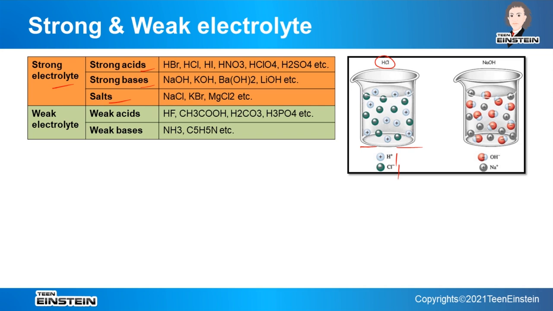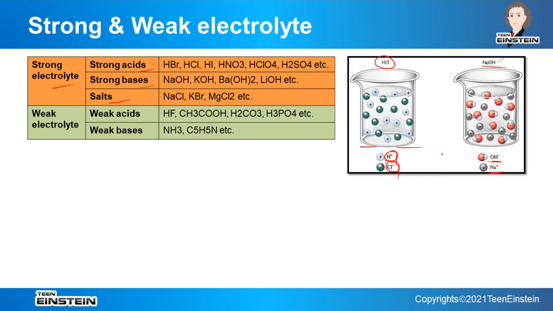All the HCl molecules are dissociated to cation and anion, so dissociation is 100%. In case of NaOH also, here this is Na plus and this is OH minus. There is no discrete NaOH molecule, all are present in dissociated condition.